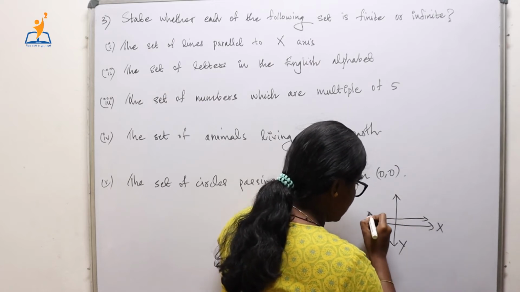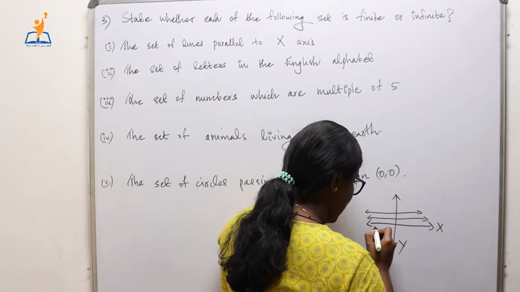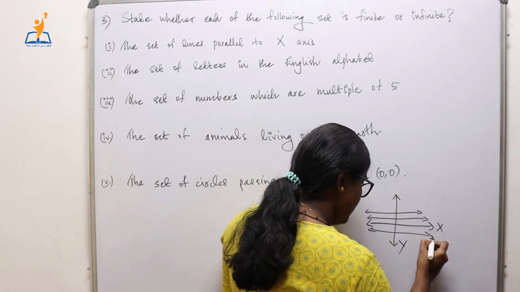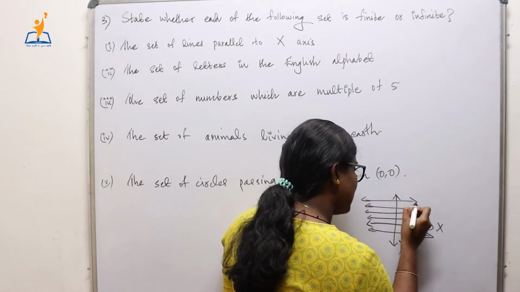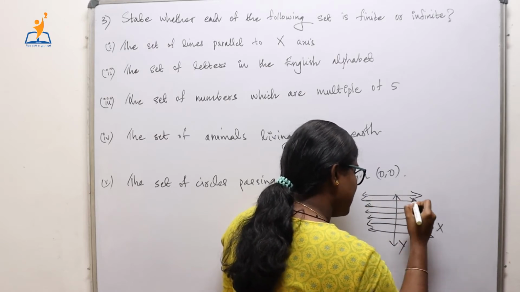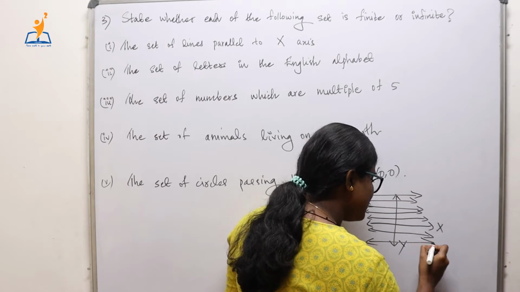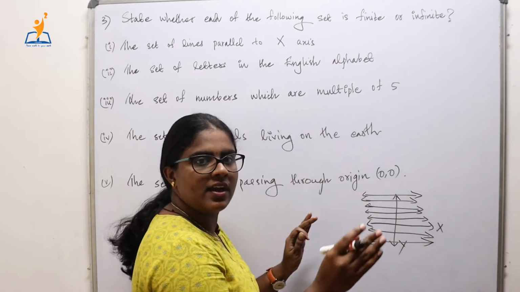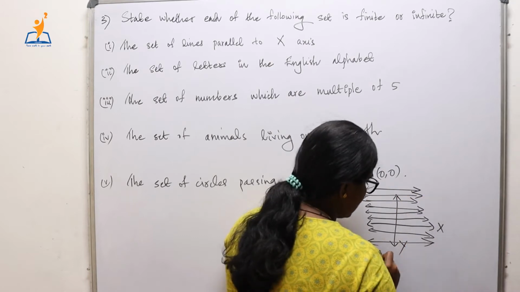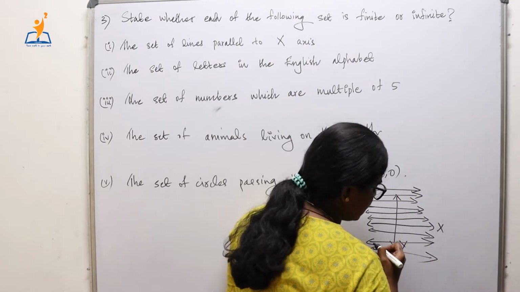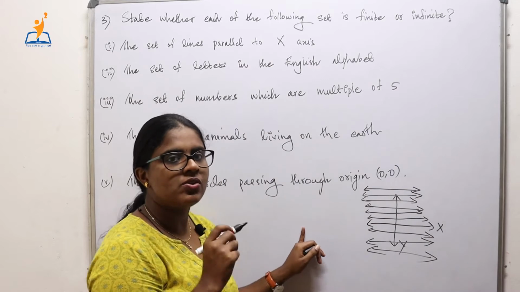These are the lines which are parallel to the x-axis. We can draw so many lines like this which are parallel to the x-axis, and since the Cartesian system is wide around, we can draw infinitely many lines like this.